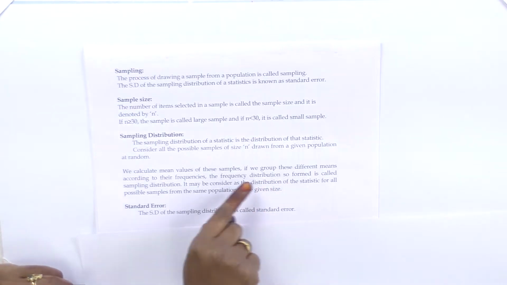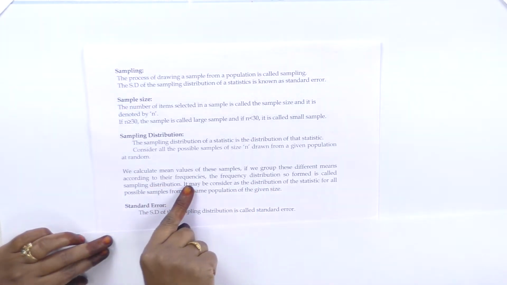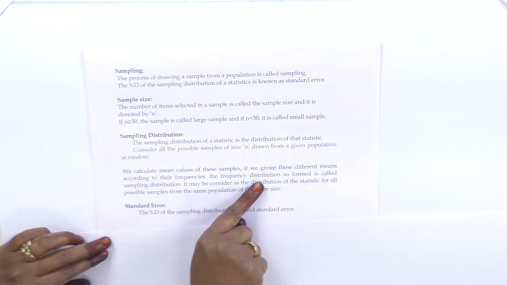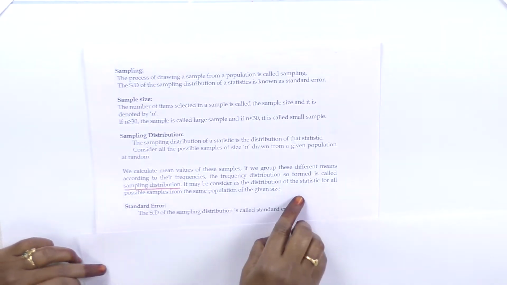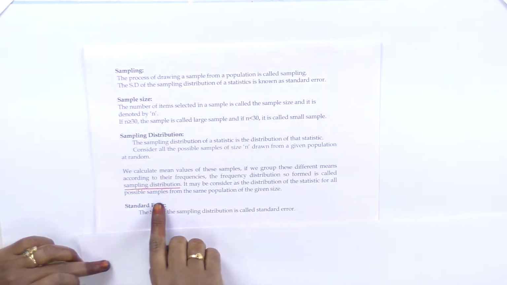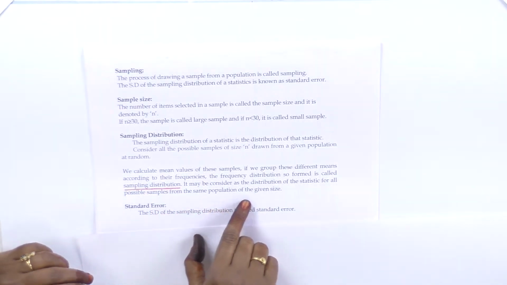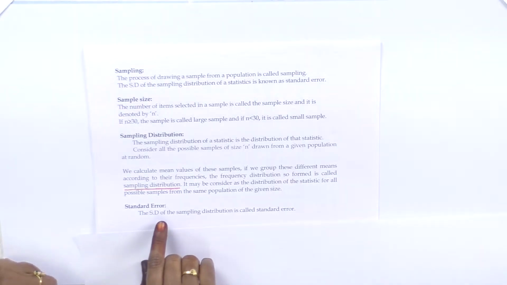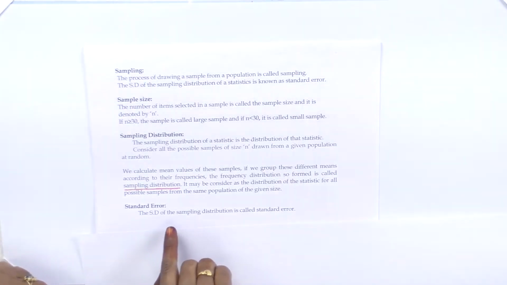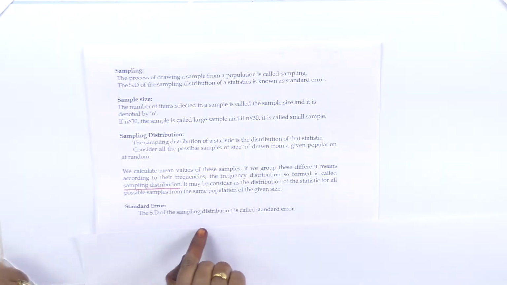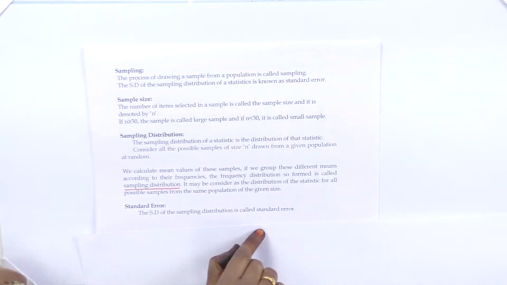If we group these different means according to their frequency, the frequency distribution is called the sampling distribution. It may be considered as the distribution of the statistic for all possible samples of the given size from the same population. The standard deviation of the sampling distribution is called the standard error.